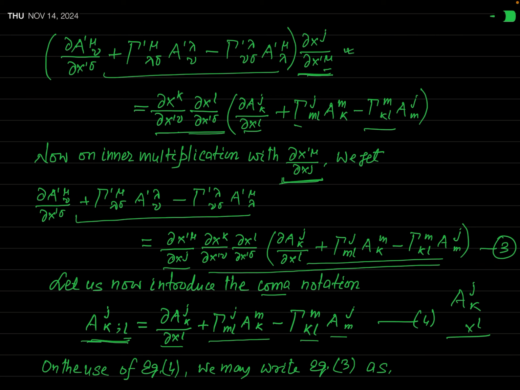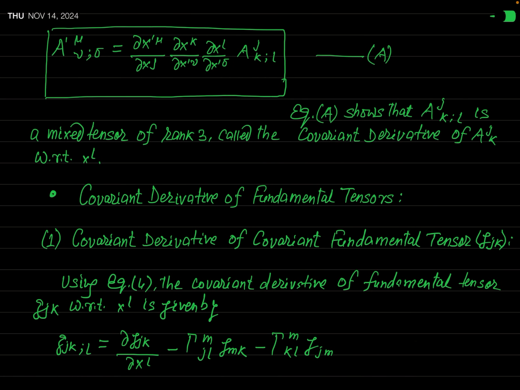So when you use equation 4, or this definition, in equation 3, you can see what you may write instead of this LHS. This LHS will then represent a tensor of third rank, and that will be A'μν semicolon σ.